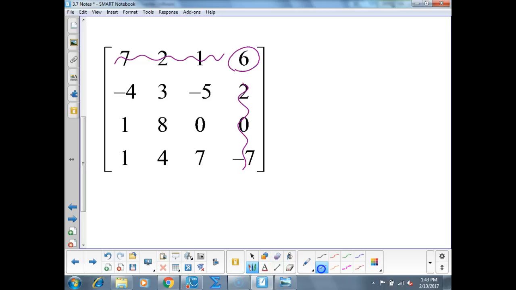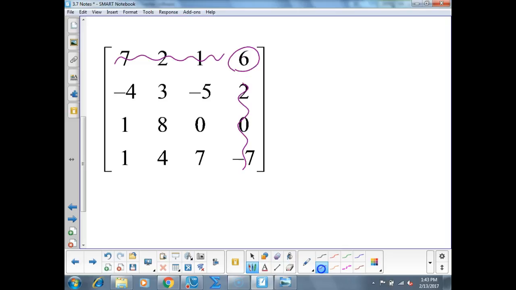So it gets a little more complicated as you go along. But luckily for you, you have a teacher that won't go anything bigger than a 3 by 3, unless you're using a calculator.